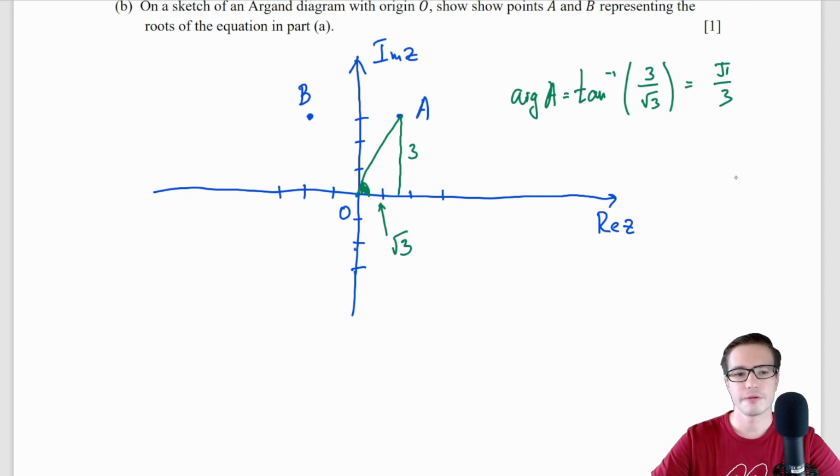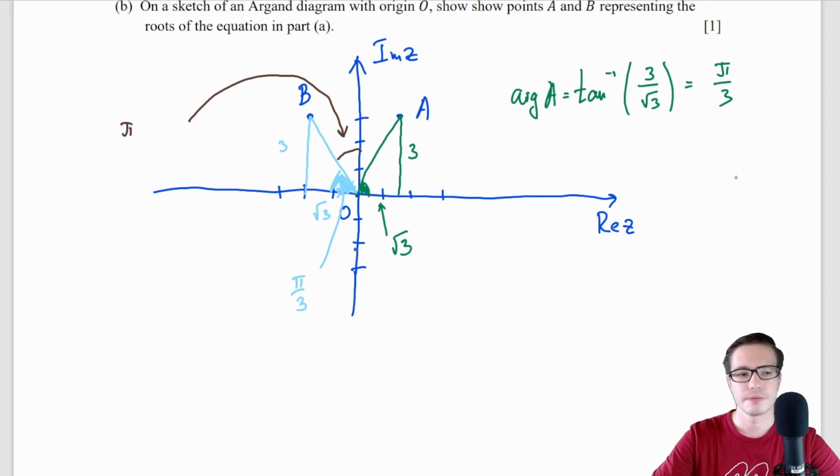And now the same stuff for number b. This little angle here will be pi over 3. So that means the angle on top, this one, will be pi over 2 minus pi over 3.